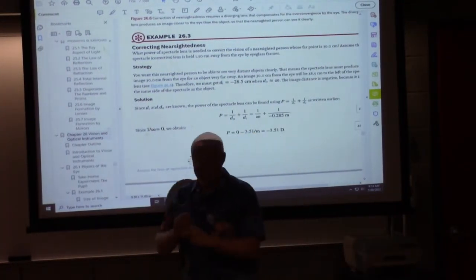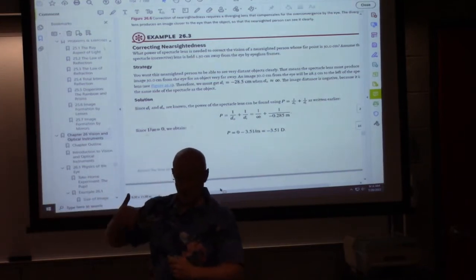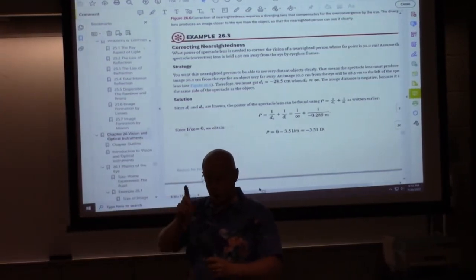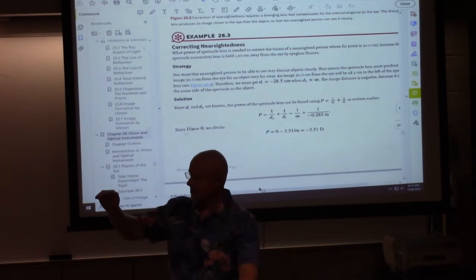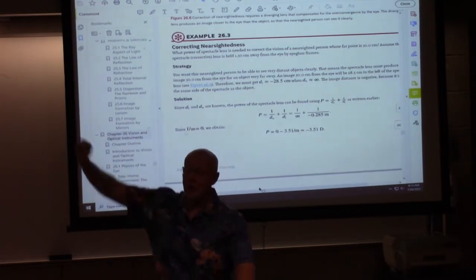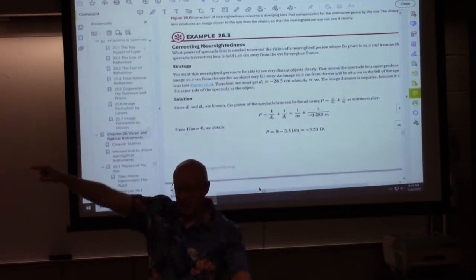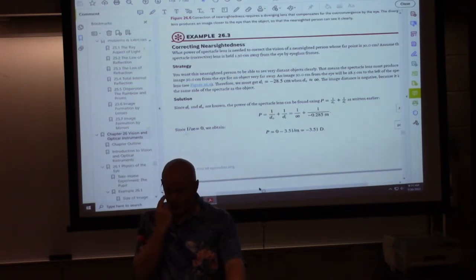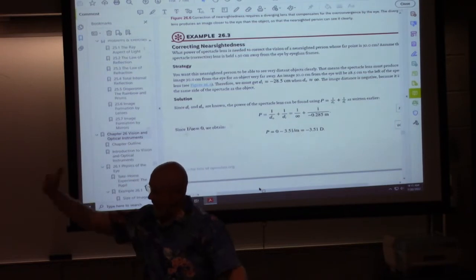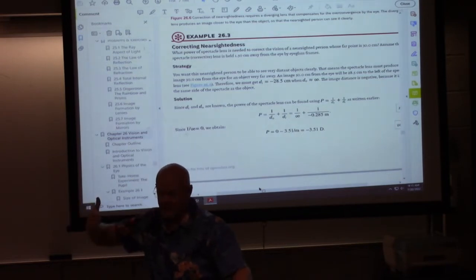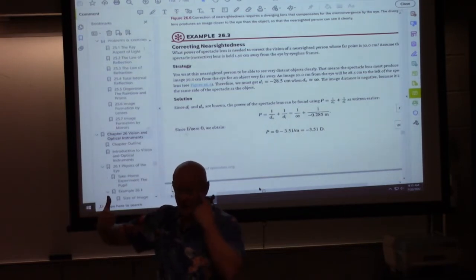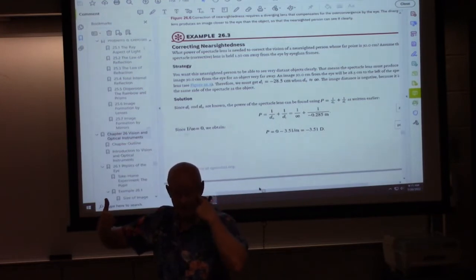So they can see things 30 centimeters and closer. So the goal here is to take something that is really, really far away, run the light through a pair of correcting glasses, that's what I want to find, the power of the correcting glasses, and make it look like it's 30 centimeters away, because then this person's human eye can focus on it.